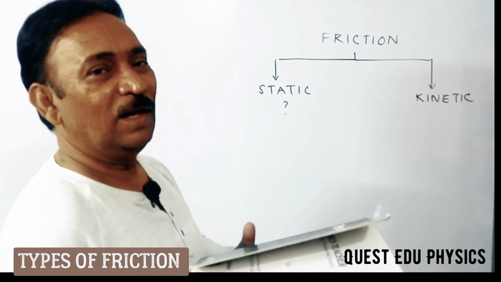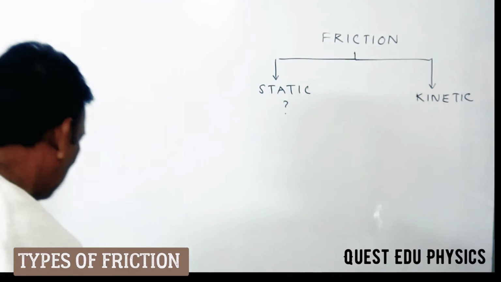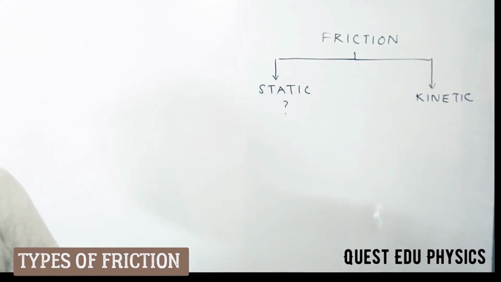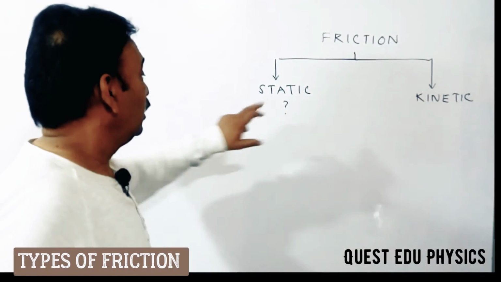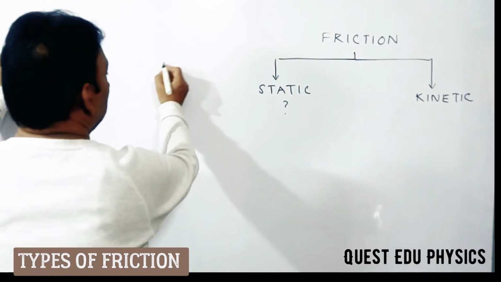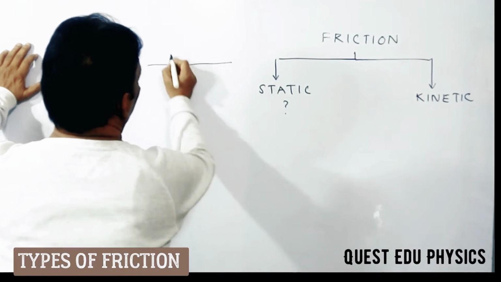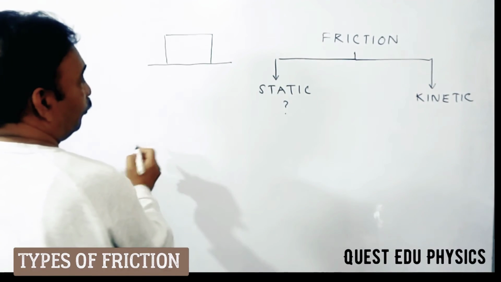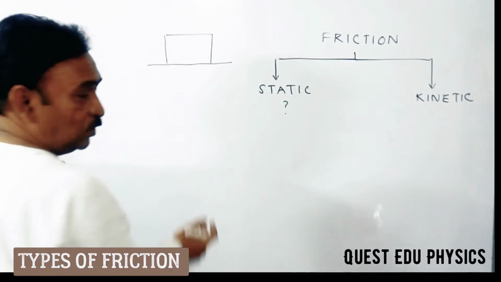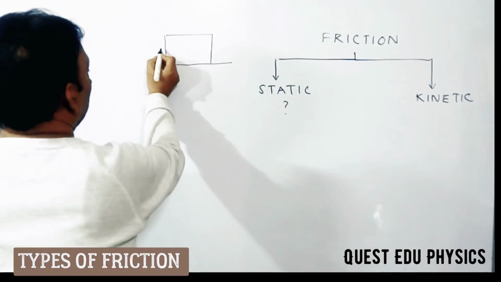That is the limiting friction, students. That's why I said friction is a self-adjusting force. It can be understood very easily. Let's say this is a surface on which I kept a body. As usual, weight works vertically downwards and there is a normal reaction.